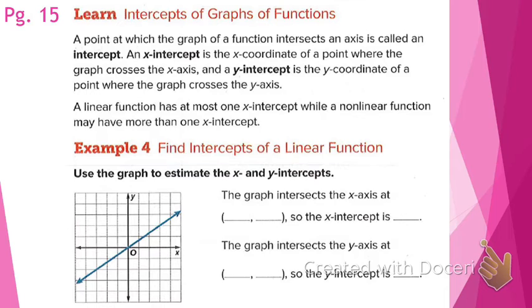So what is an x-intercept? Pretty simple. An x-intercept is where it crosses the x-axis. We're on page 15. And a y-intercept is where it crosses the y-axis. Now, all functions have an x or a y-intercept.